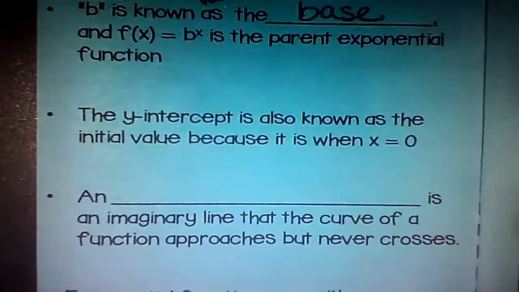Just like a linear, your y-intercept is also known as an initial value, because when x is 0, we get my y-intercept. If we go back to some exponent rules, anything that I raise to the 0 power is 1. I can raise 14 to the 0 power, and my answer is 1. I can raise x to the 0, and my answer is 1.